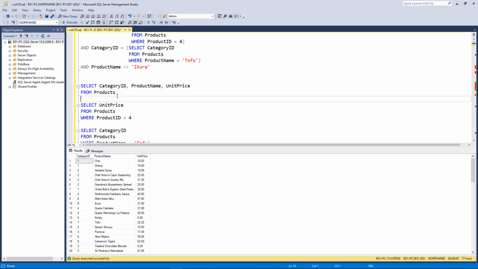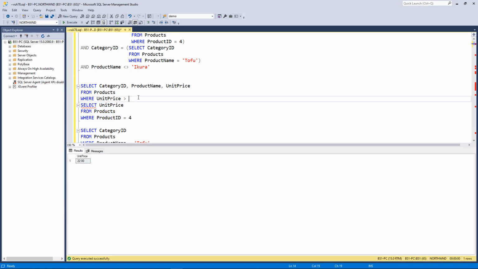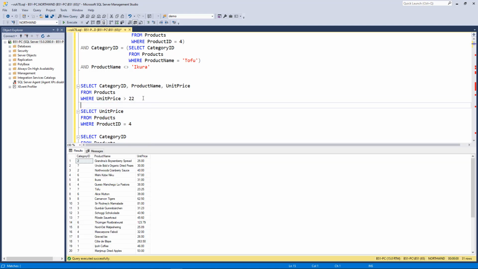We want first filter that the unit price will be higher than the unit price of product ID 4. The unit price of product ID 4 is 22, so we want it to be higher than 22. So let's wait with it.